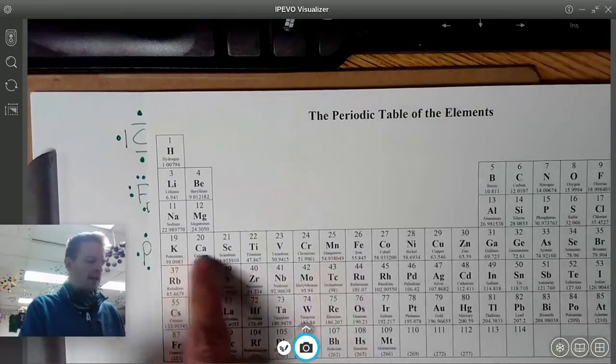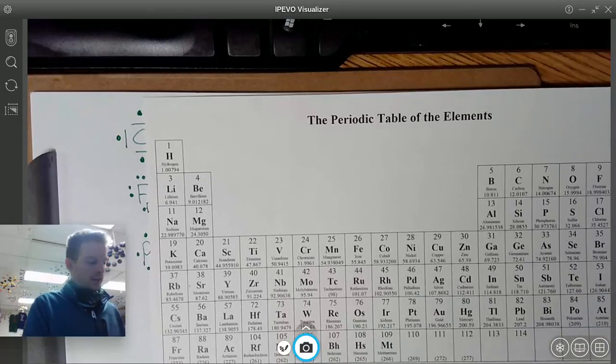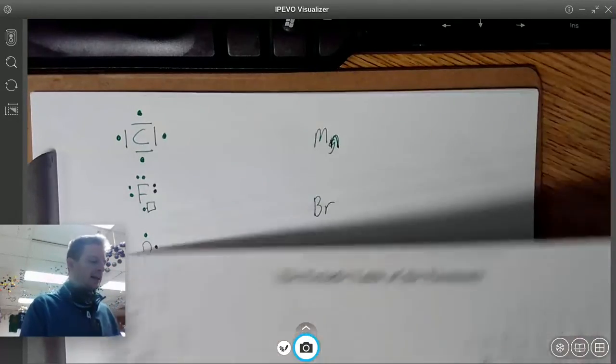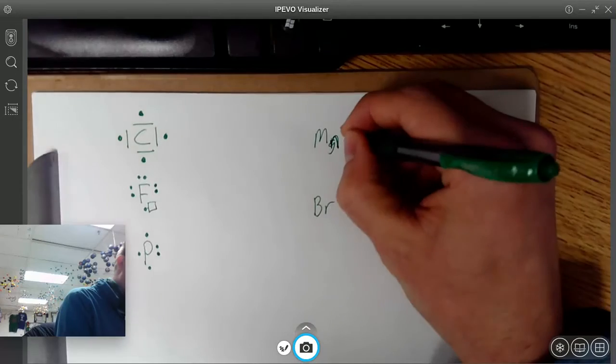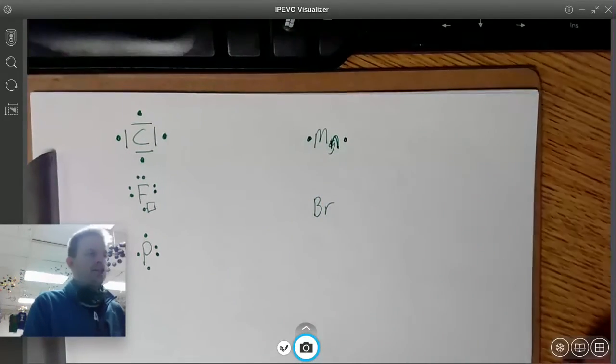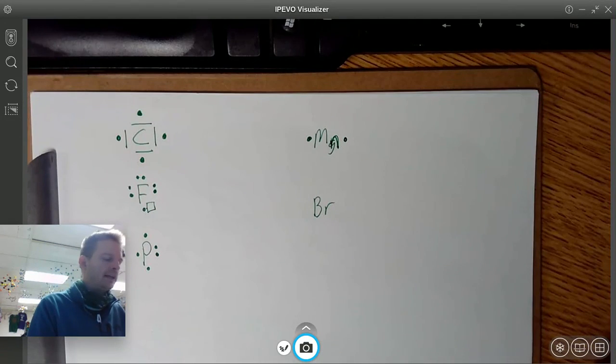But basically, when we take a look at this row, how many valence electrons come before it? Well, because there's s's right here and it doesn't get to the p's yet, this manganese is only going to have 2 dots. Now, for these transition metals, that's oversimplified. We're not really going to do many dot structures with those. We'll deal with them more when we talk about bonding, but that's it.